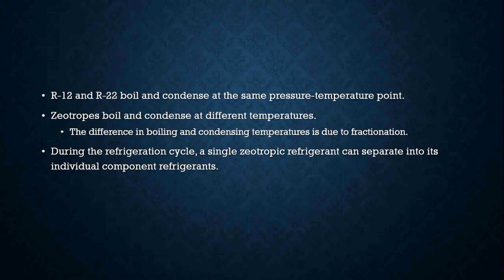So R12 and R22 boil and condense at the exact same pressure and temperature point. So zeotropes boil and condense at different temperatures. The difference in boiling and condensing temperatures is due to fractionation. So when we are dealing with zeotropic type refrigerant, we need to make sure that we are putting that refrigerant in the system as a liquid.